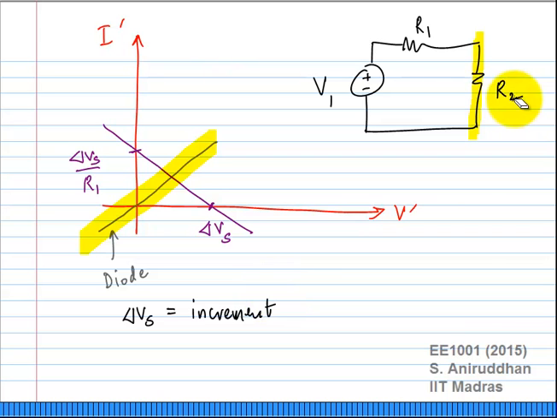So in our specific case, this is Vs, but specifically this is delta Vs now. I'll call this Rd, where Rd represents the incremental resistance of the diode.